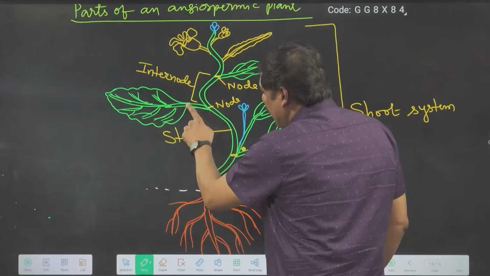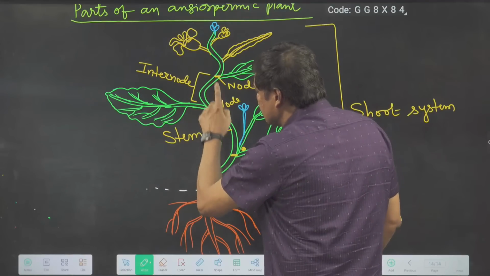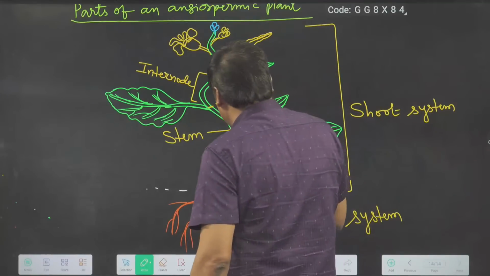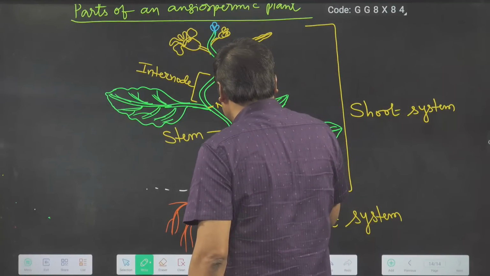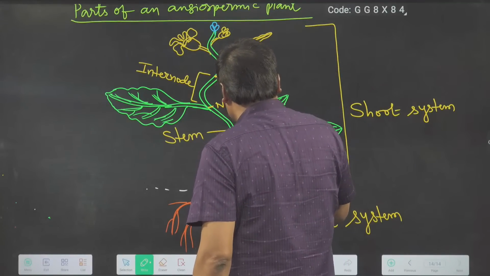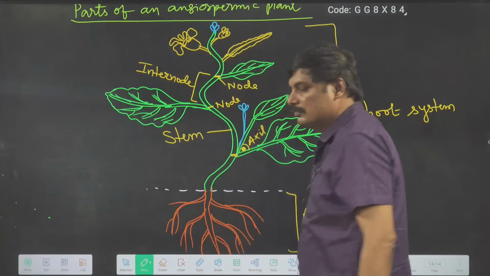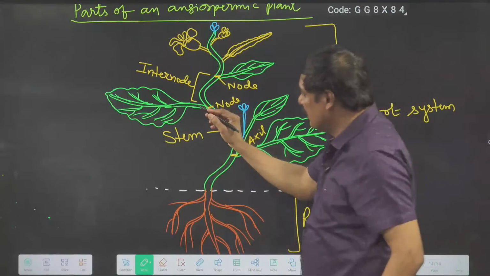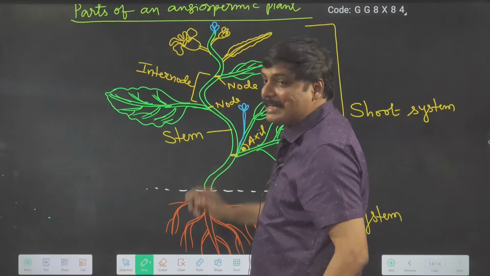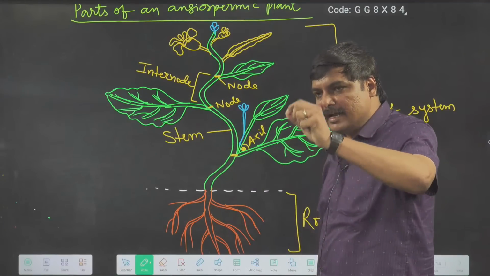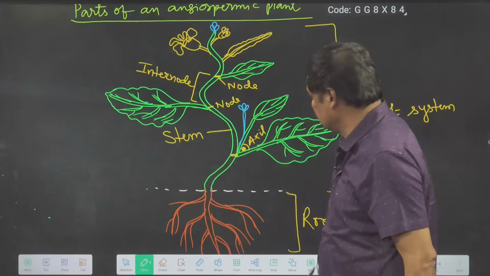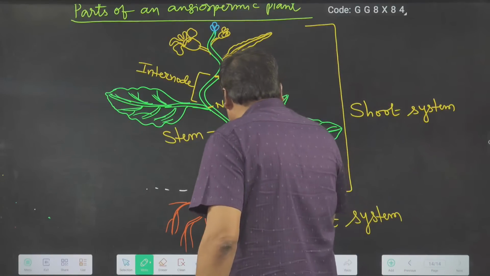And the angle between the leaf and the stem is called axil. See, this is called axil. The angle between the leaf and the stem is called axil. Axil contains the axillary bud. This is the axillary bud.